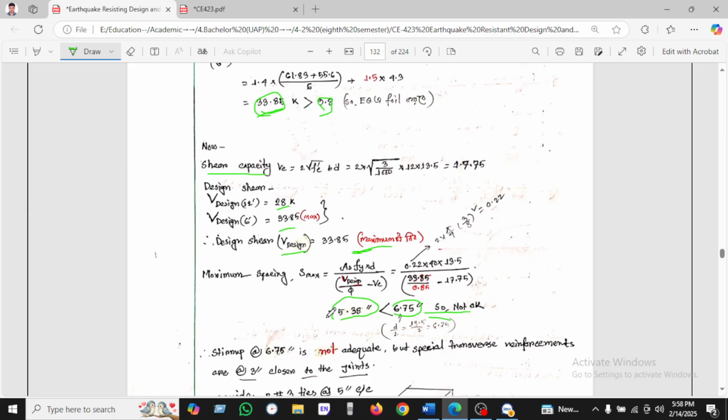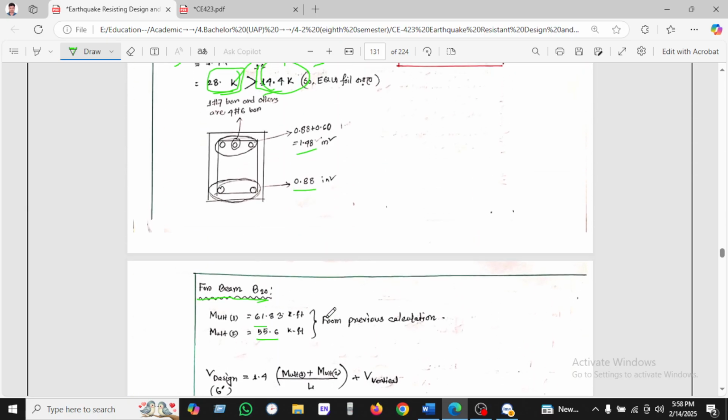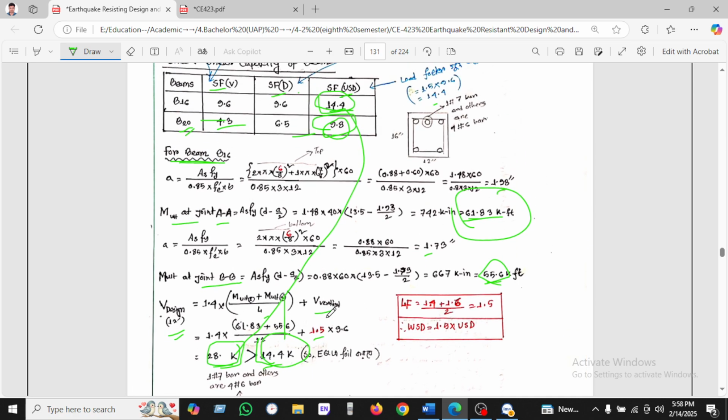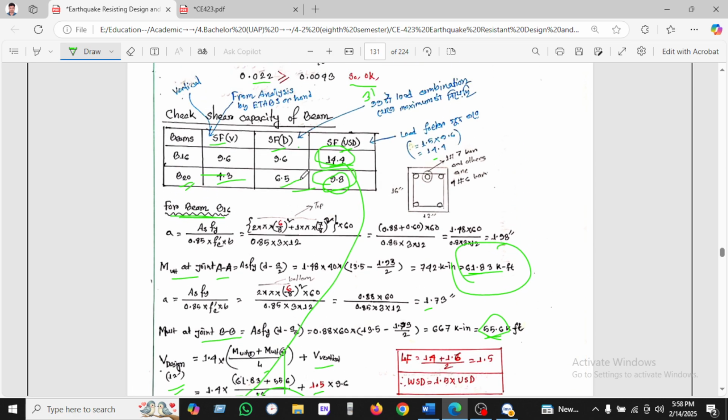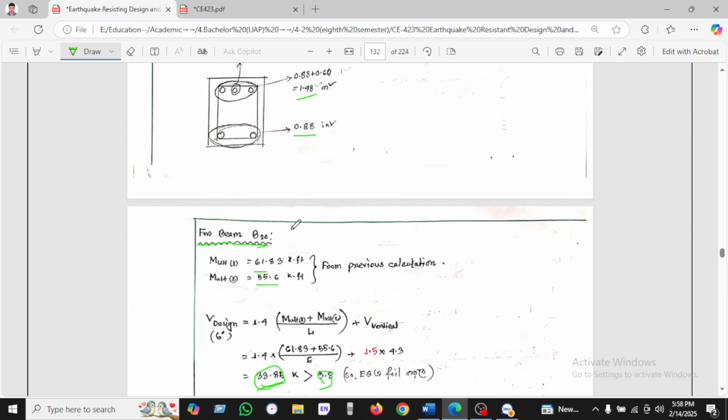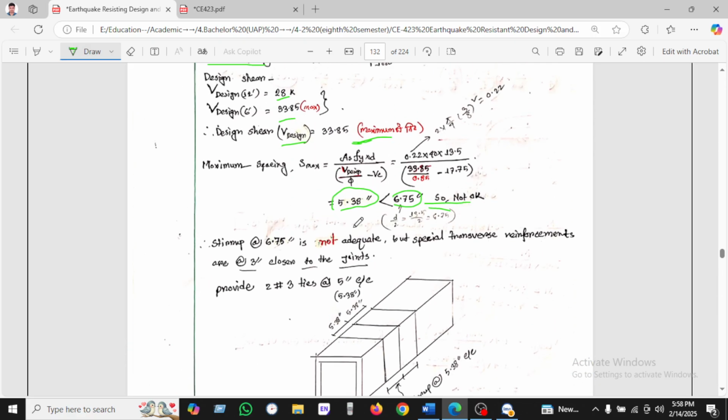Okay, it will be 5.38, which is less than 6.75.